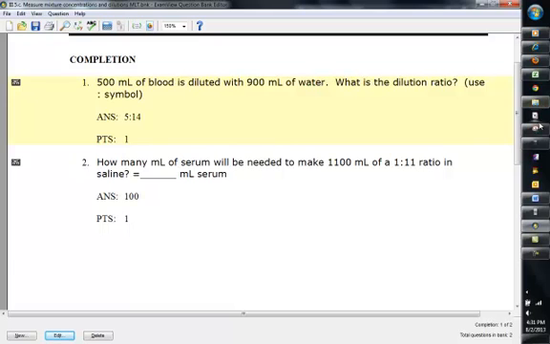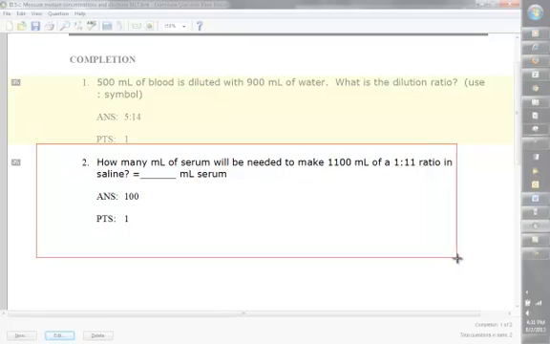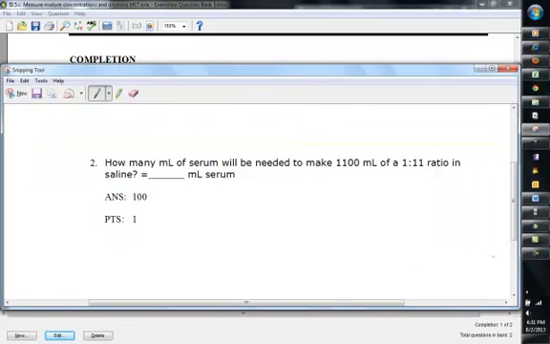Next one. How many milliliters of serum will be needed to make 1,100 milliliters of a 1:11 ratio of saline? Okay, so we've got 1 to 11. That's saline to total.